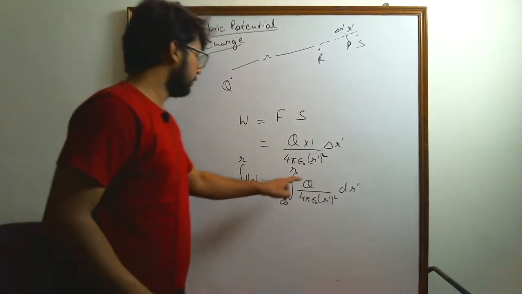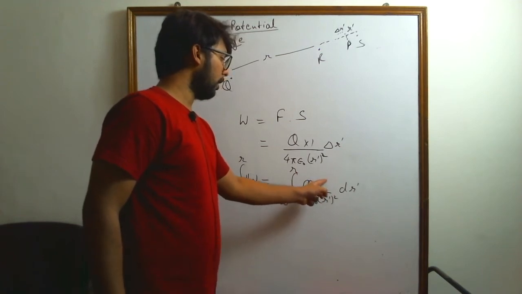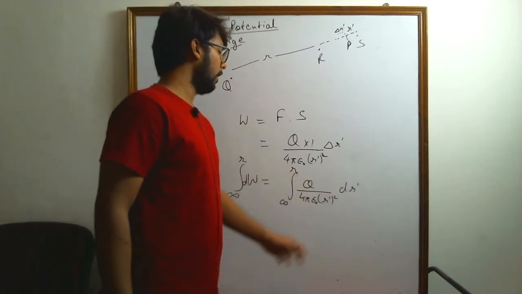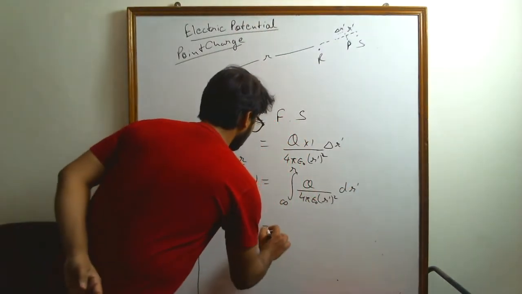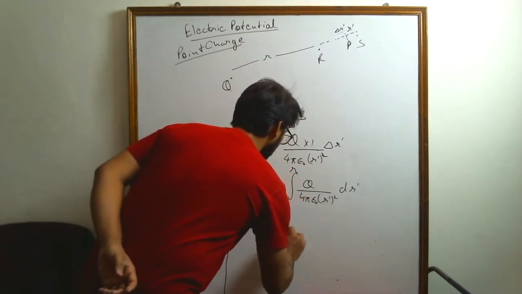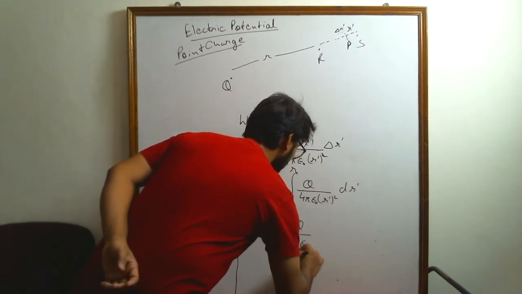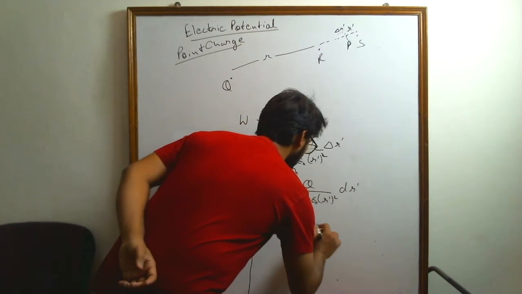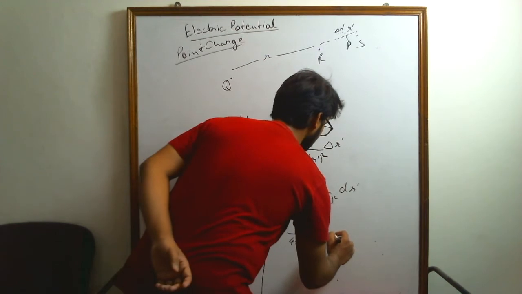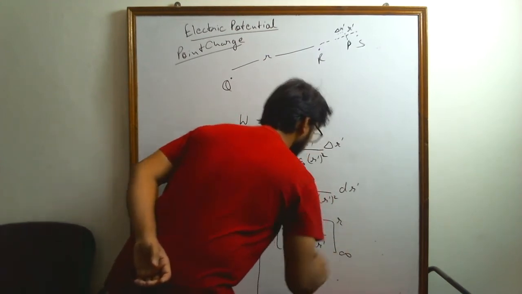Okay, all of this is constant, so I will take that out and I am only left with 1 upon R dash square. Integration of 1 upon r dash square is simply minus of 1 upon r dash, and obviously I will have to put the limit of infinity to r.